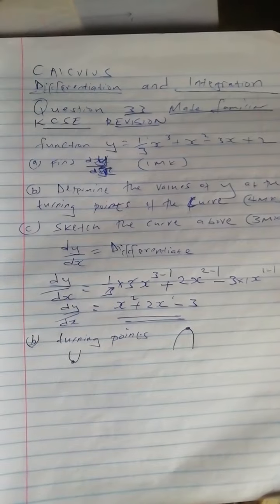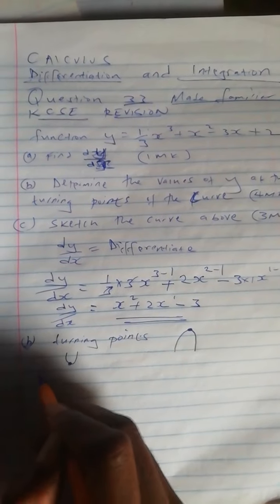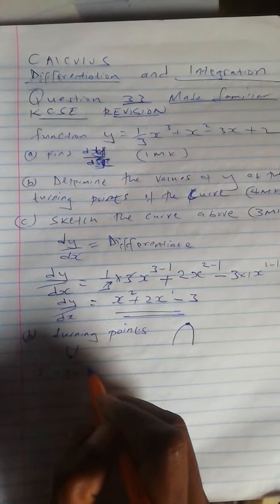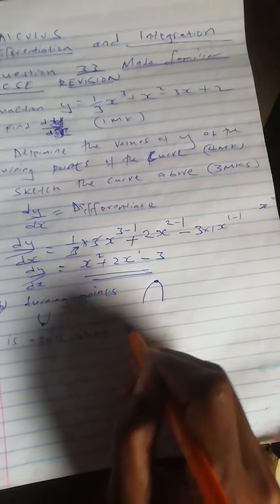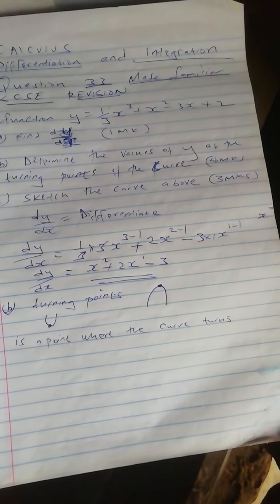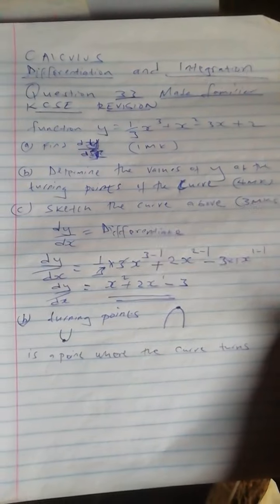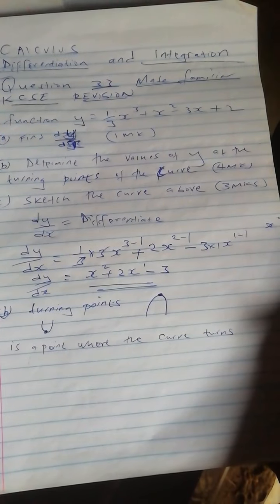So to find the turning point of a curve, you differentiate. The turning point of a curve is a point where the curve turns. So to find the turning point, the first differentiation of the equation gives us 0.